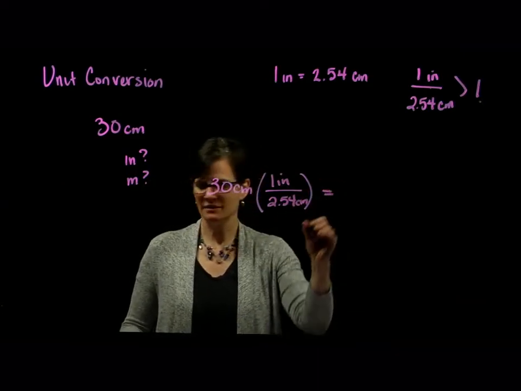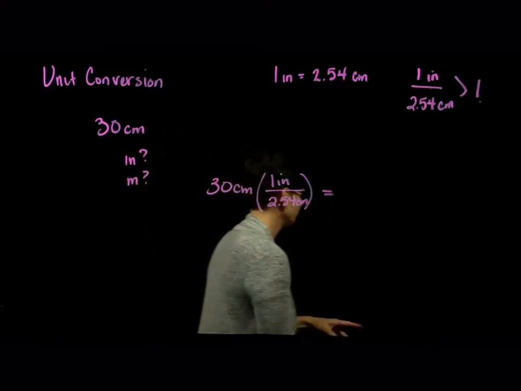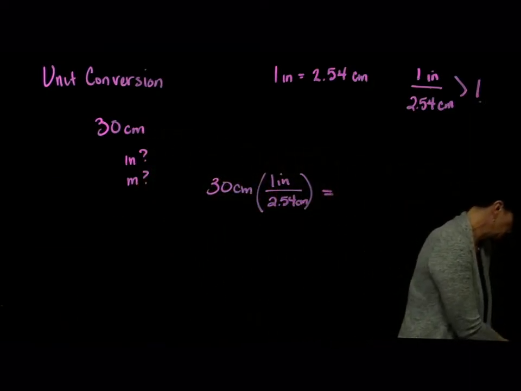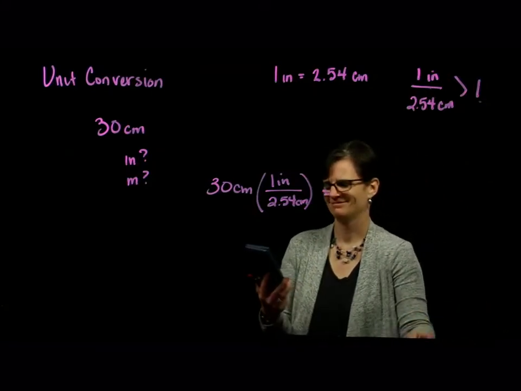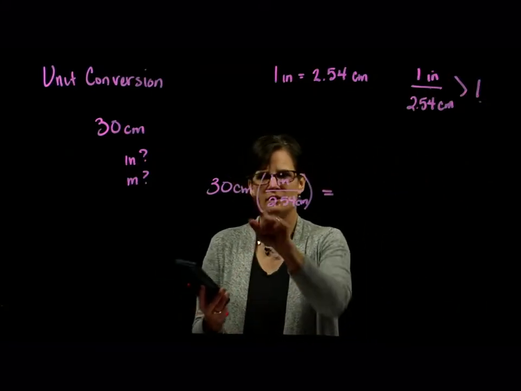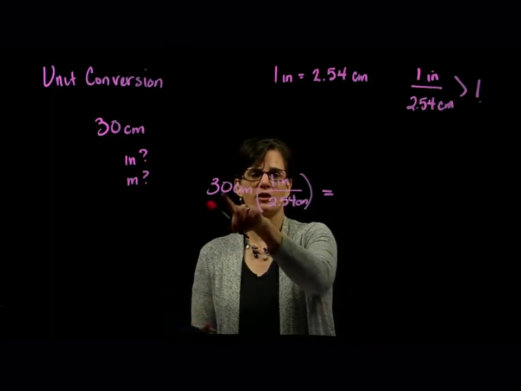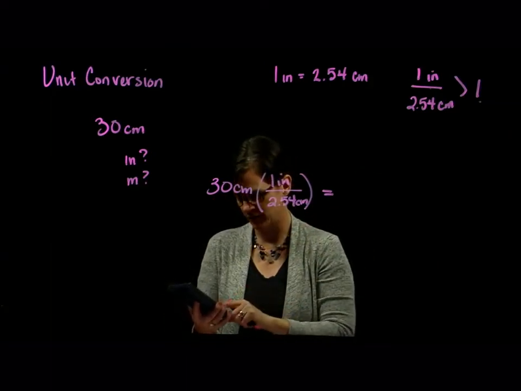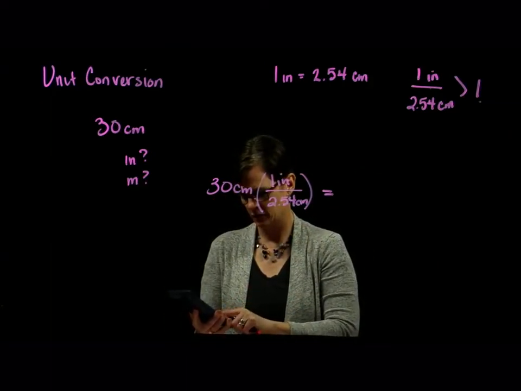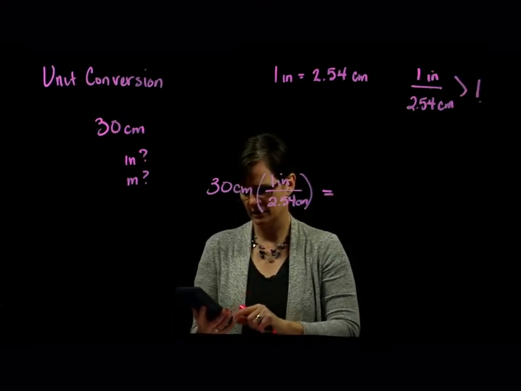That will give me, I don't have a calculator, now I just do my straight multiplication, 30 divided by 2.54.